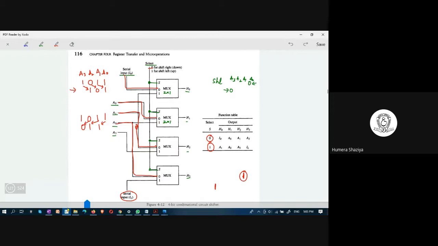There is a serial input here, which is 0. This is H0, H1, H2, H3.